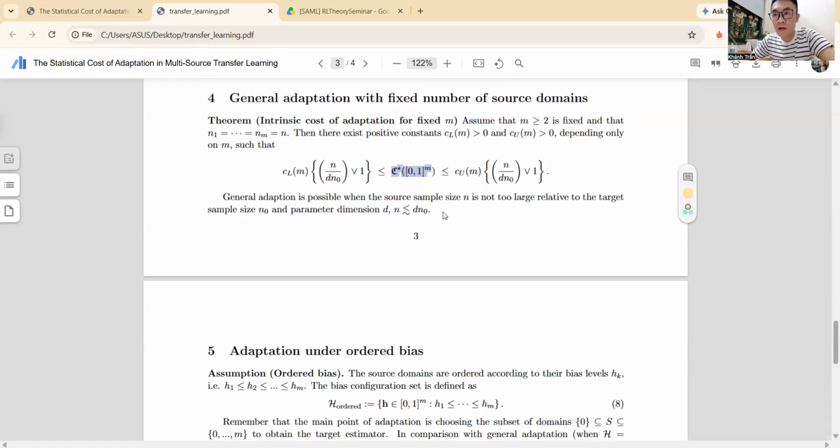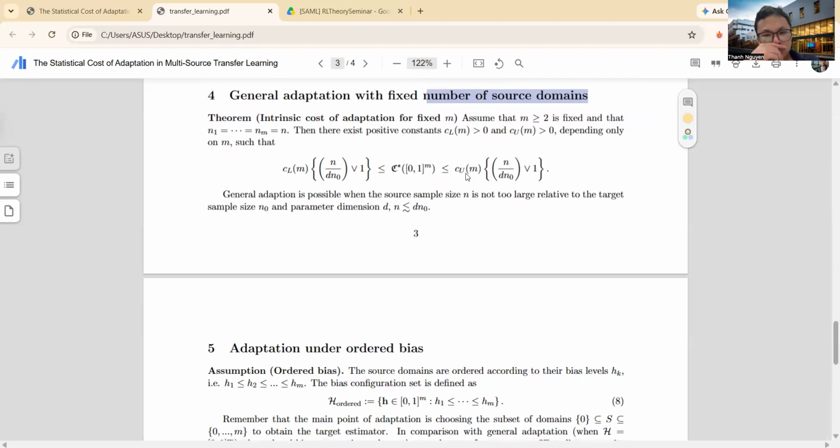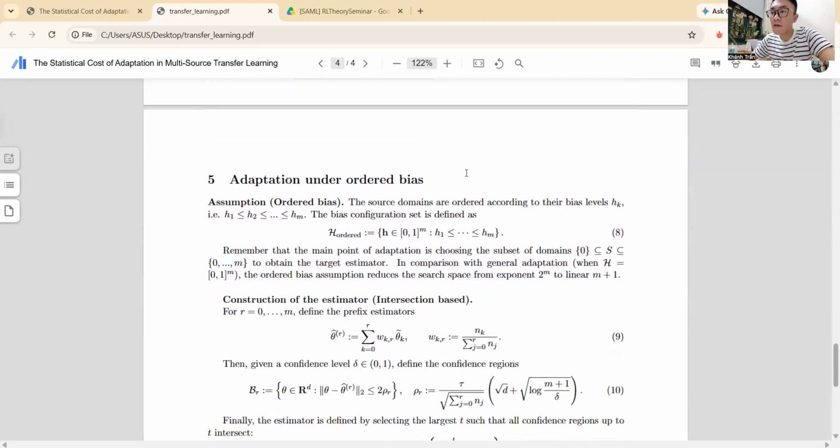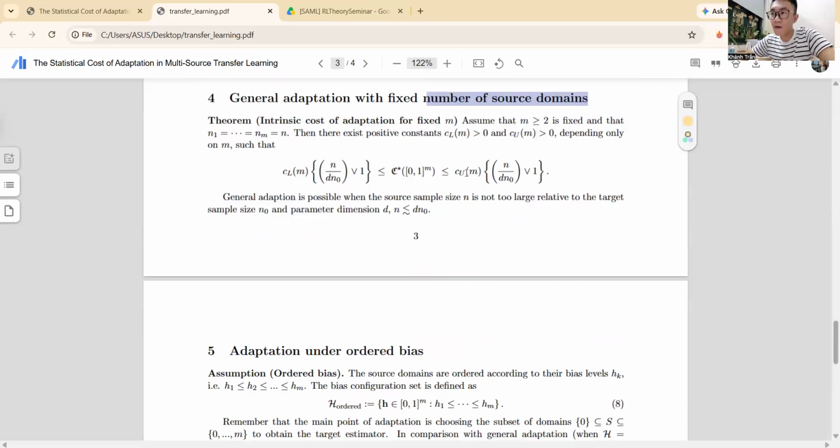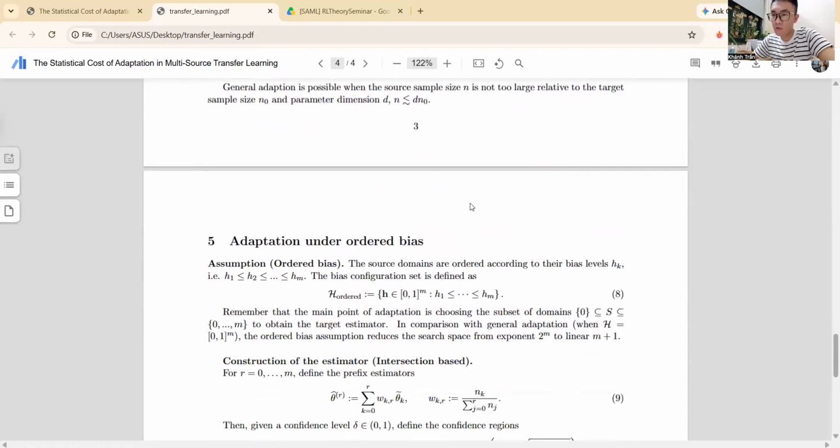And in the paper, they also have the case when the number of source domains is growing, but I don't present it here. So that's the specification of where general adaptation is impossible and possible.